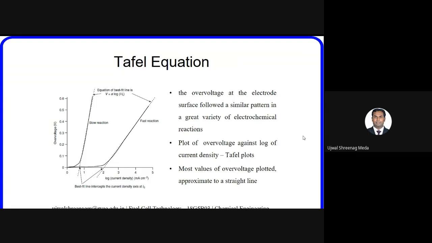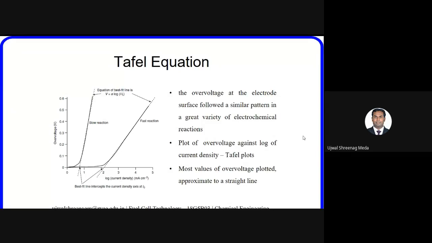When he did that, for most of the values, the curve could be approximated to a straight line. In this plot on the screen, we can see two curves, one for slow reactions and the other for fast reactions. There is a lot of information that we can get from this plot.